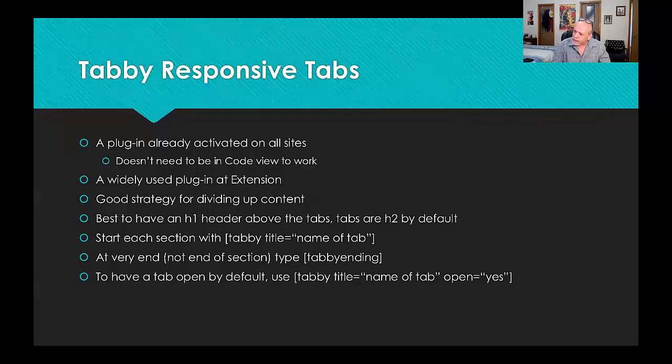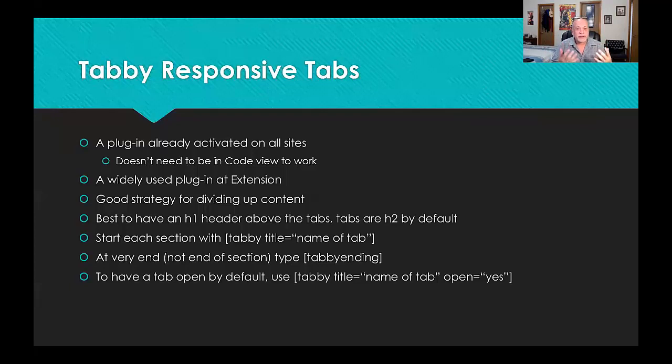How to work with tabby responsive tabs. Another reason these are popular is because they're so easy to work with. You start each section with bracket, tabby, space, title equal, then the name of your tab in quotes, and then ending bracket. And you do that with each section. At the very end of the entire thing, not at the end of each section, but the entire thing, you simply put tabby ending in brackets.